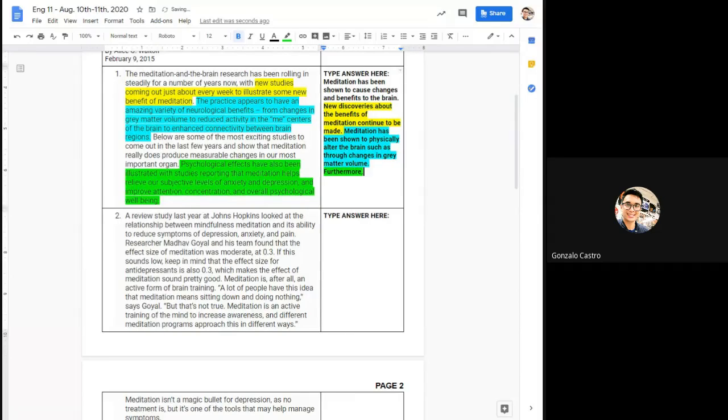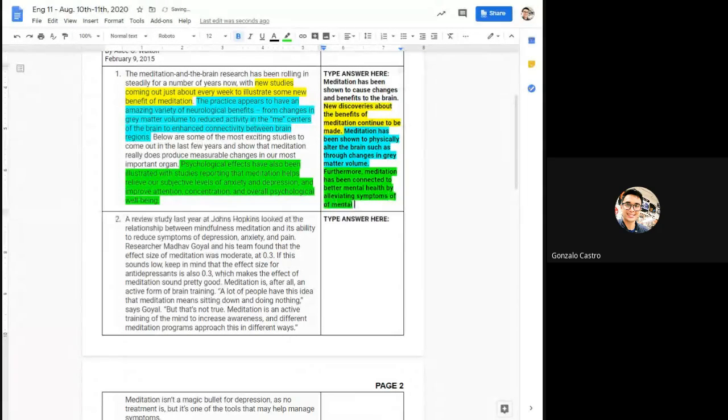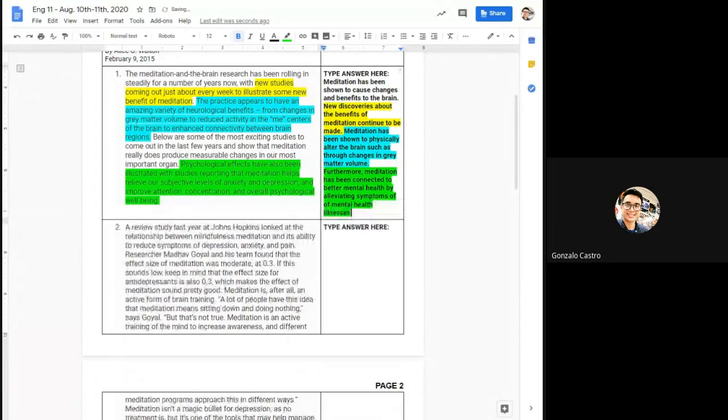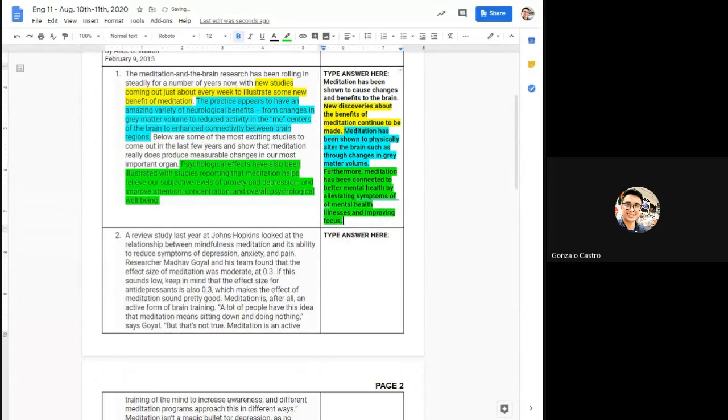So furthermore, meditation has been connected to better mental health by, instead of reducing, a better word would be alleviating symptoms of mental health illnesses and improving focus. So I'm using the word focus instead of concentration or attention.